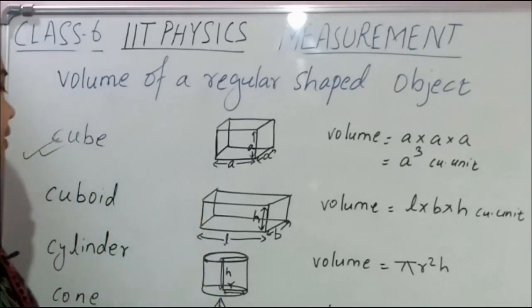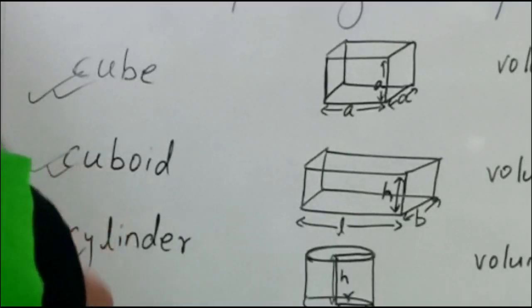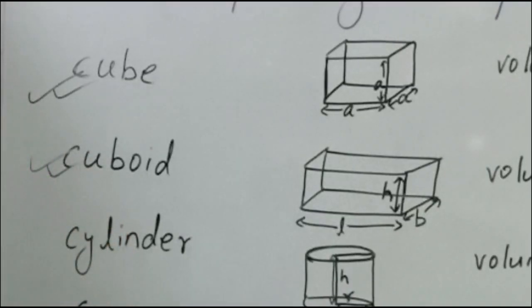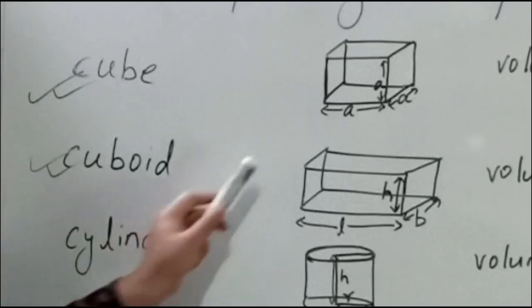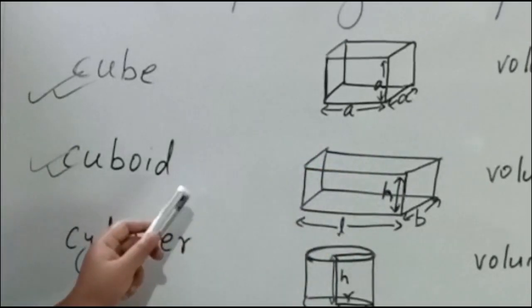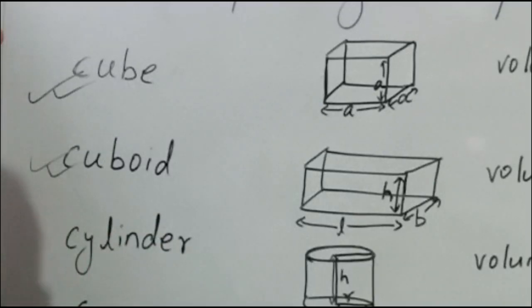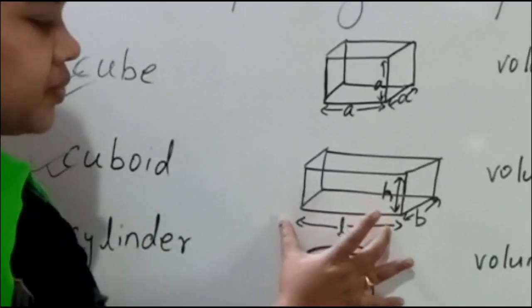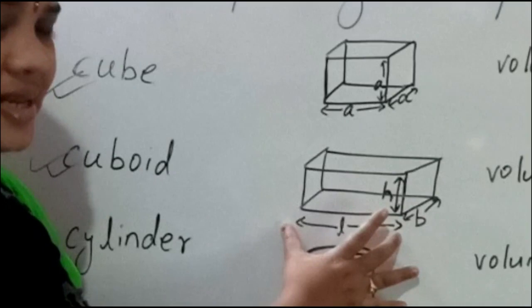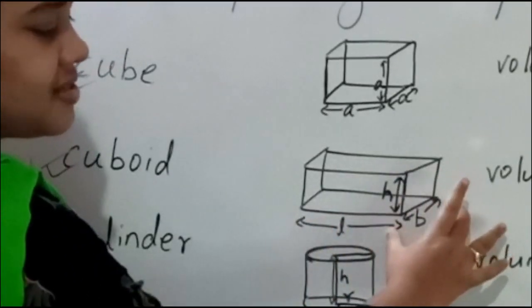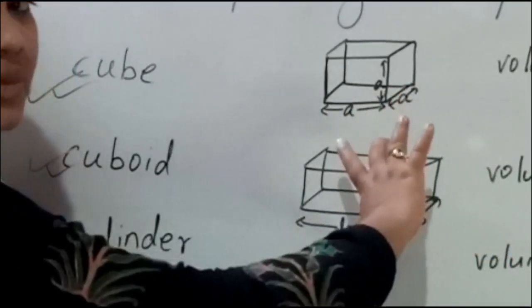Clear? Next shape is cuboid. A cuboid shaped object, like your box, your pencil box. Its longer side is known as length, shorter side is known as breadth, and then height. Clear?